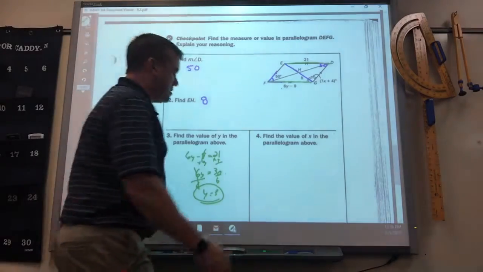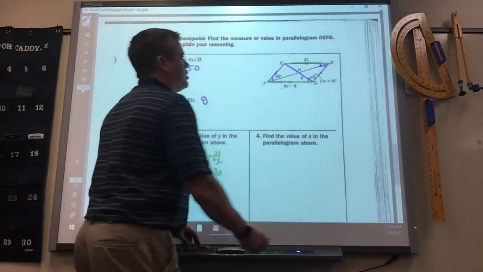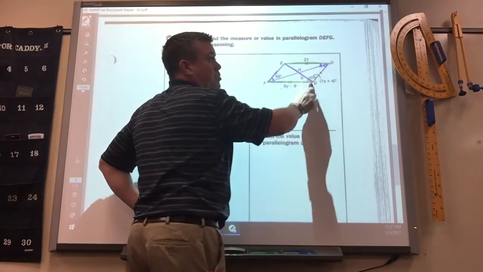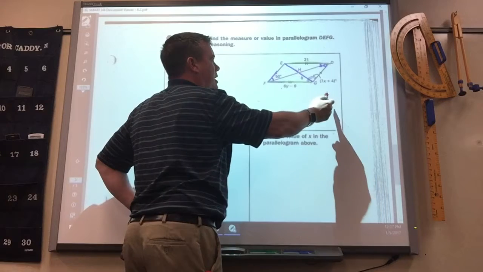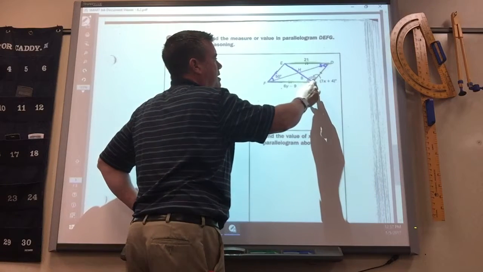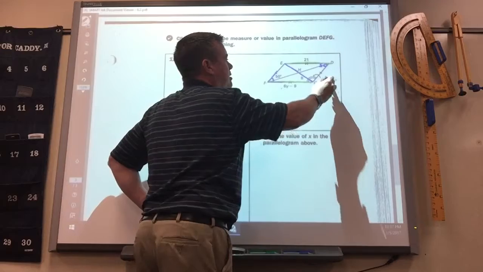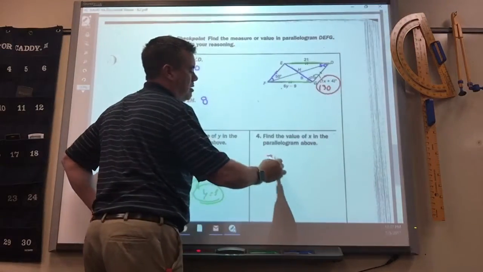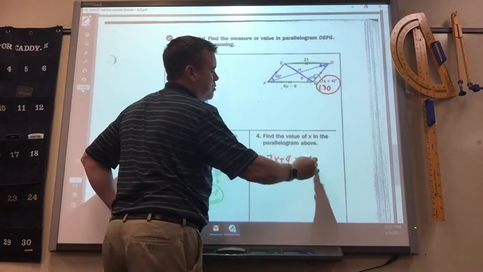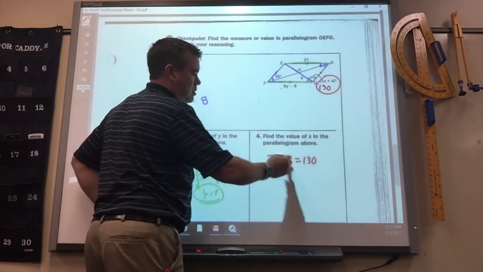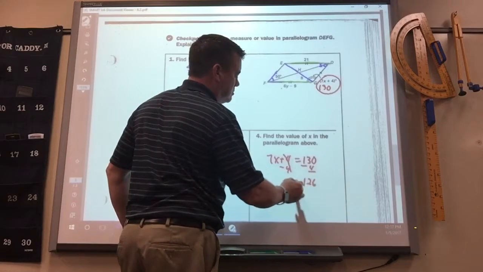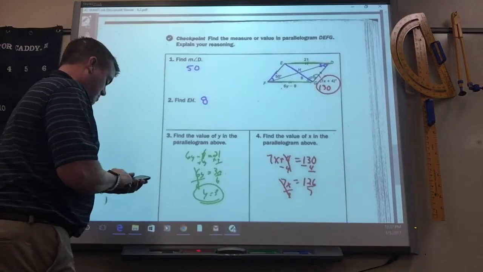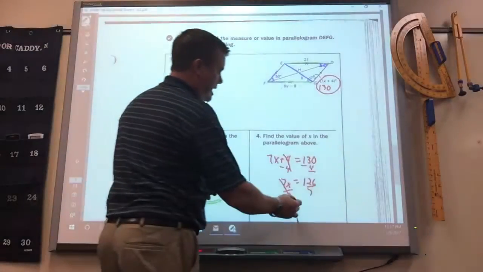And then to find X, a couple different ways you can do this. This angle and this angle got to add up to 180, right? Or the shortcut is, since this is 50, what does this have to be? 130. So that's the easier way. Quicker way to do it is 7x plus 4 has to turn out to equal 130. So subtract 4, divide by 7, and you get 18.